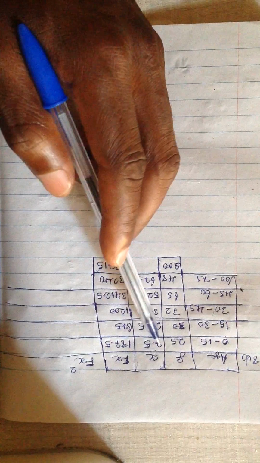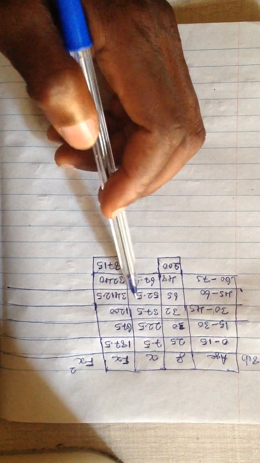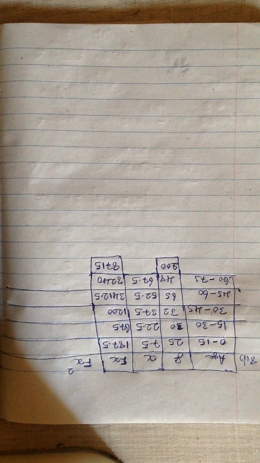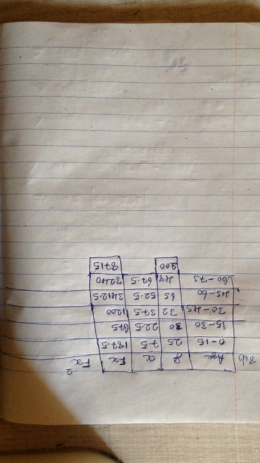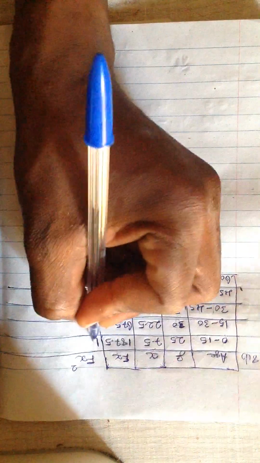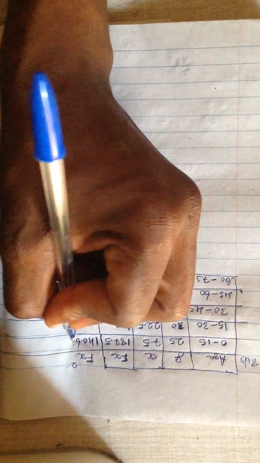So it will be 7.5 squared, I multiply by f. This squared by this squared by this squared, that's how I'll be getting the fx squared. So 7.5 squared by 25, I'll be getting 1406.25.